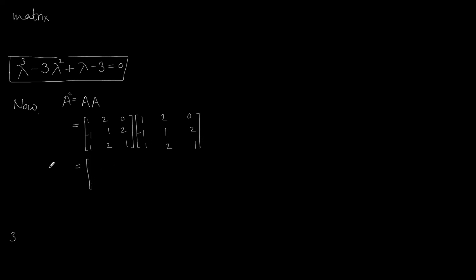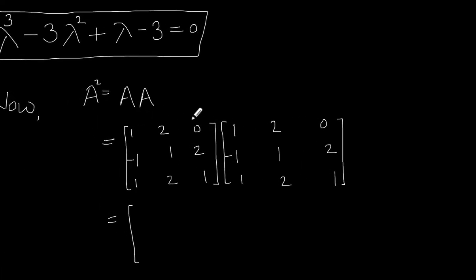Now see how we will write the first row and first column entry of this product matrix. Take the first row of the first matrix and the first column of the second matrix. Do the component wise multiplication and then add them.